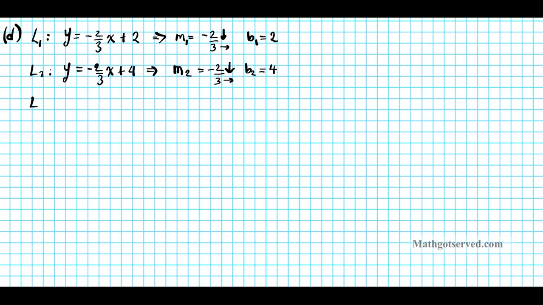And then for line 3, we had y equals 3/2 x plus 7 over 2. This means that the slope of line 3 is 3 over 2, so we're going to rise 3 and run 2. And the y-intercept, B3, of line 3 is 7 over 2.